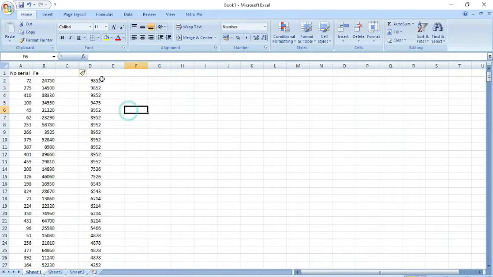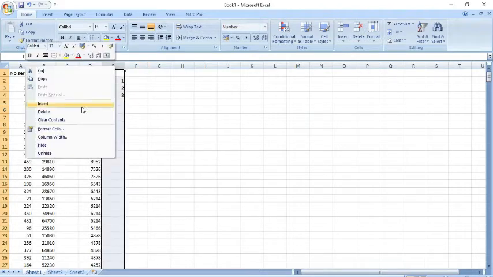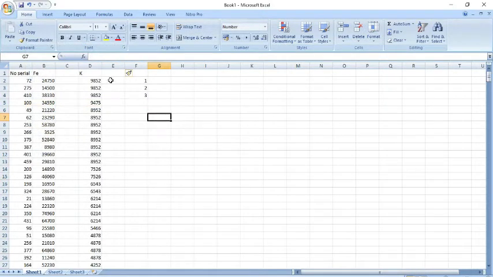Now looking at this, we can put our ranking here. We have 98523, so definitely we'll have it as 1, 2, 3. And we need to insert another line here.